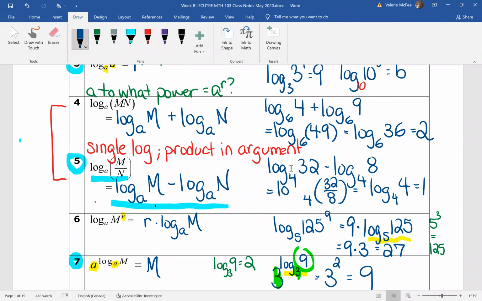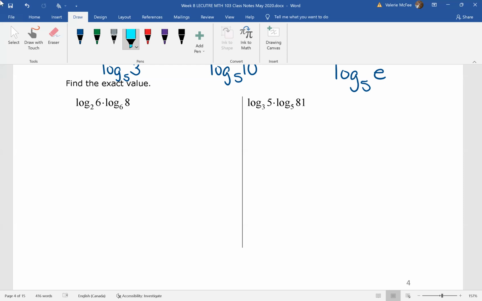First of all, property 4 says the bases have to be the same, but also if I have more than one logarithm, I'm adding, not multiplying. So I can't use this property at all here. So for now, I'm going to change everything in the first question to base 10, the common log. That means I don't need to write the base at all.